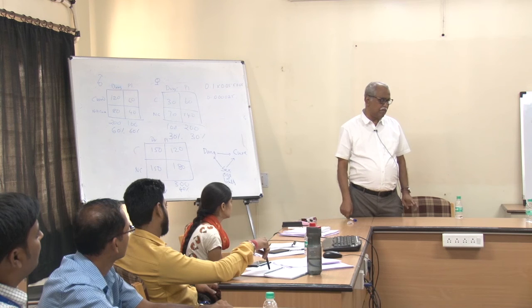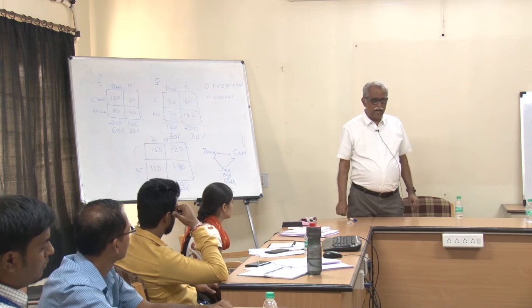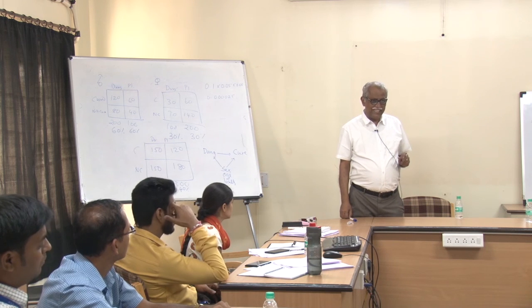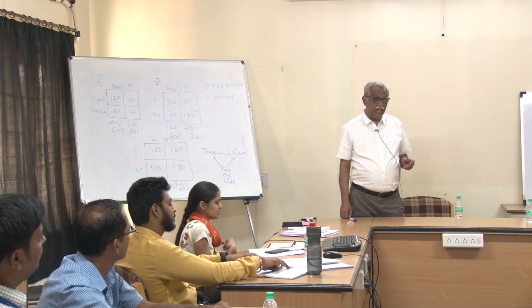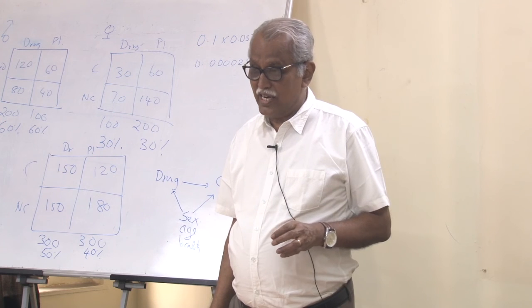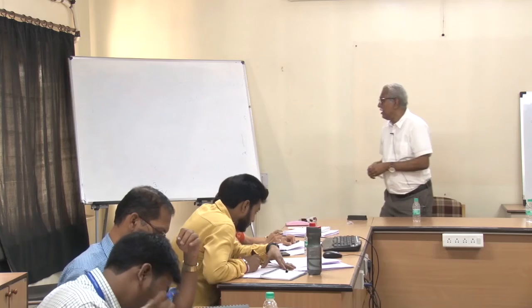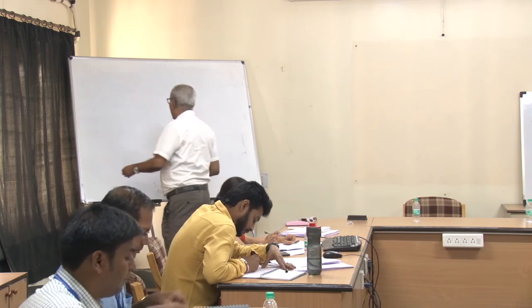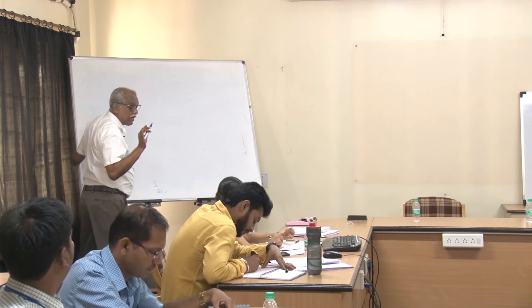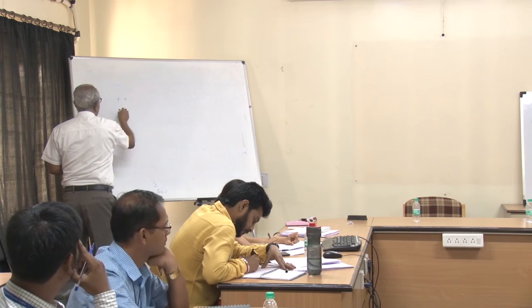So what I have done is, in the other page, just see the analysis of a case control study in a matched pair analysis. Can you see that? Each pair has the following possibilities: both are positive, both are negative, one is positive and the other negative, or one negative and the other positive.